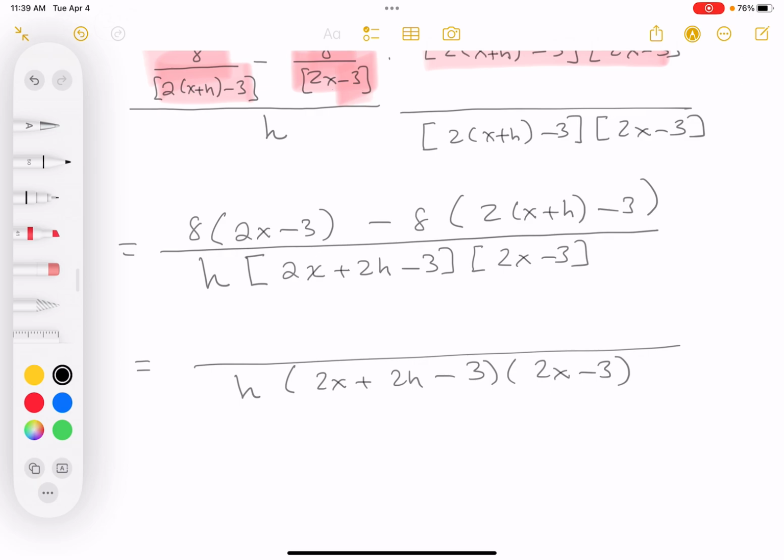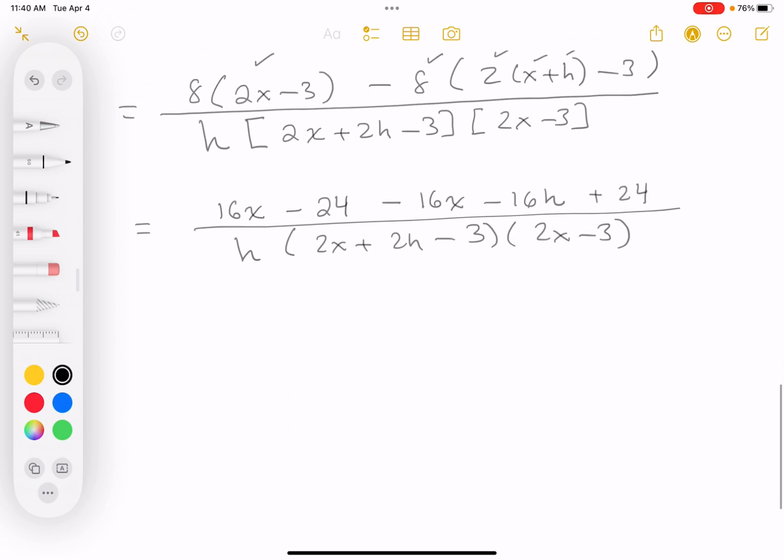And as I do that, sometimes I lose track of things, but 8 times 2x is 16x, and 8 times minus 3 is minus 24. Then I get this minus, and I'm going to do this over here, but there's a lot of multiplication to do, aren't there? So it's going to be minus 8 times 2 is minus 16, so minus 16x, and then minus 16h. All right, and then what do you get? You get plus 24.